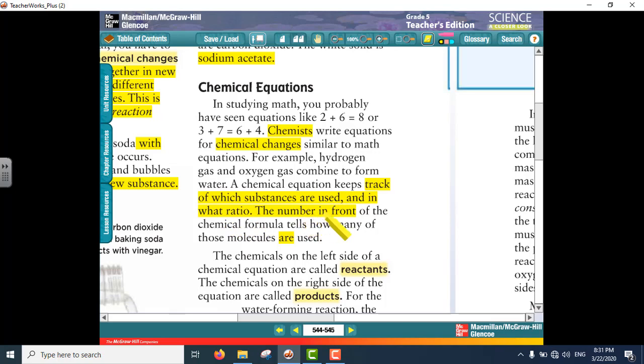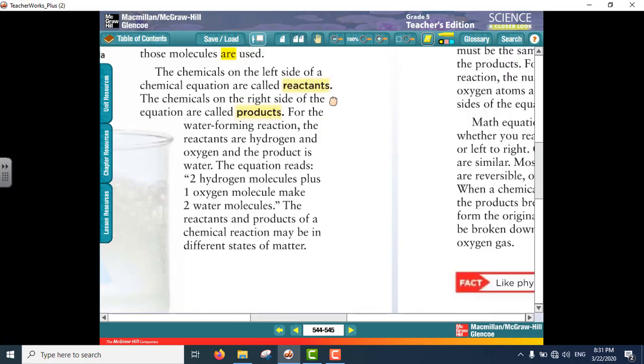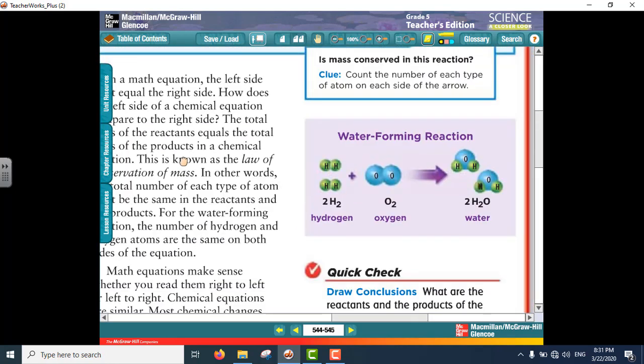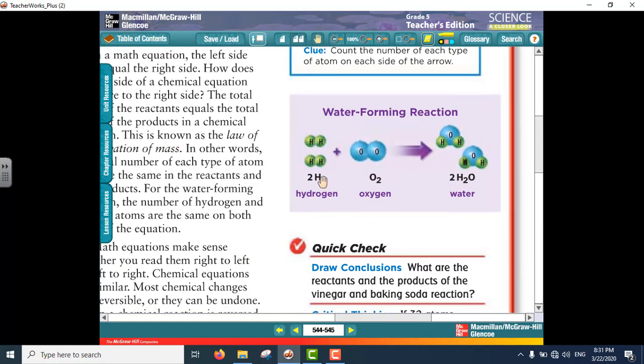The number in front of the chemical formula, look here, boys: this is the chemical formula of water. Here, H2 is hydrogen atoms, O2 is oxygen atoms. This number is the number of atoms, okay? 2H2: now we have 4 hydrogen atoms, 1, 2, 3, 4. And here O2 means 2 oxygen atoms.